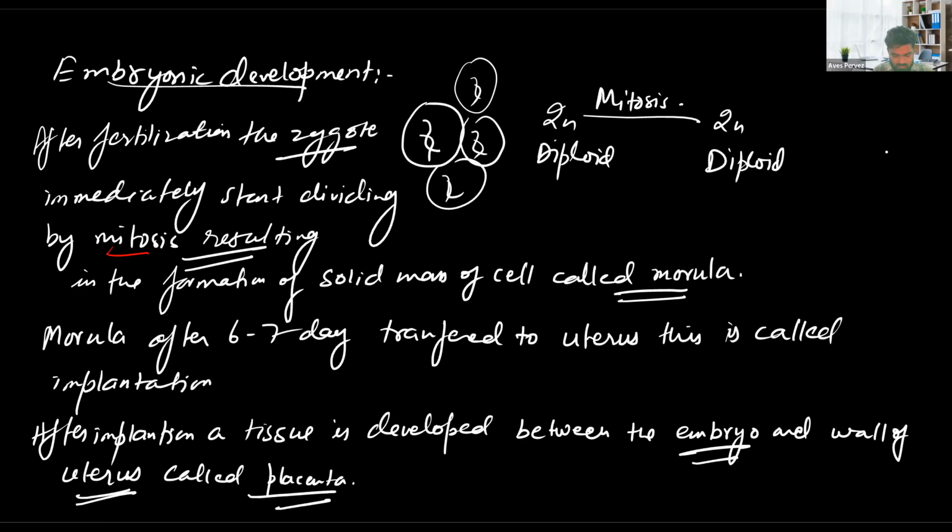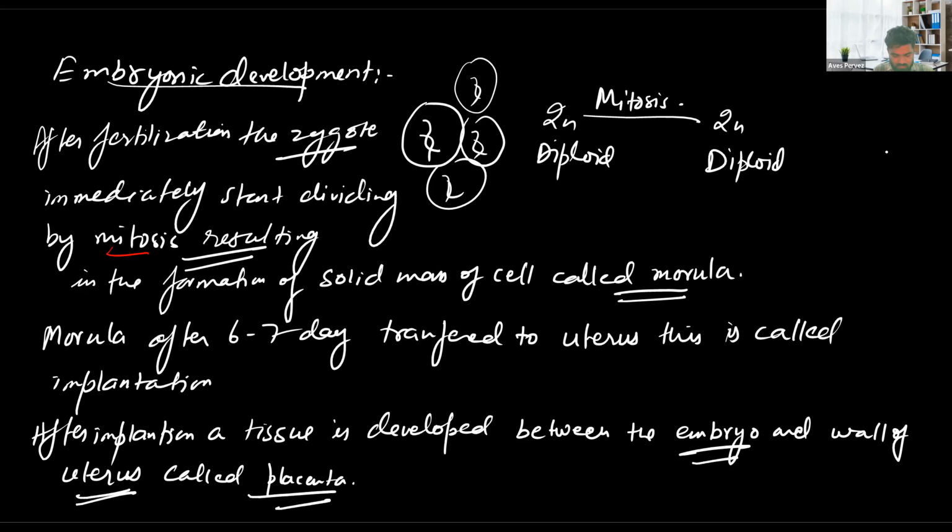At the time of parturition, the uterus receives a specialized hormone called oxytocin hormone. It is secreted by the pituitary gland.